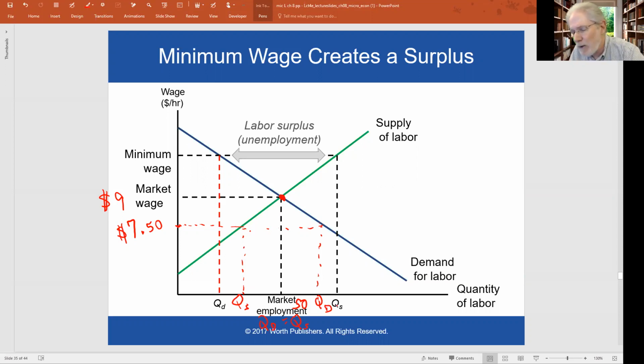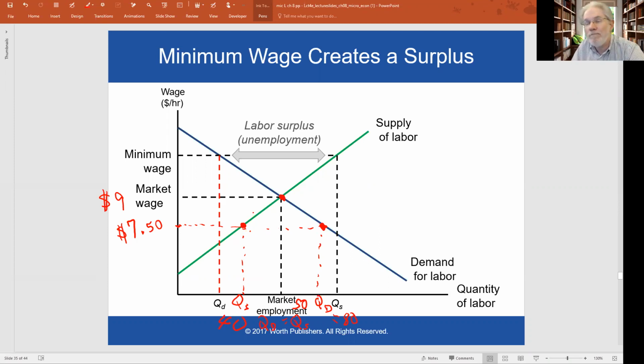So we see that you're going to have this many employers who want to hire this many workers. Let's say it's 80,000. And you're going to have this many people who are willing to work at that $7.50 wage. And let's say that is 40,000. Okay. Quantity demanded is greater than quantity supplied.